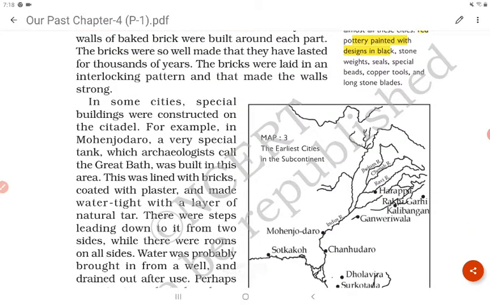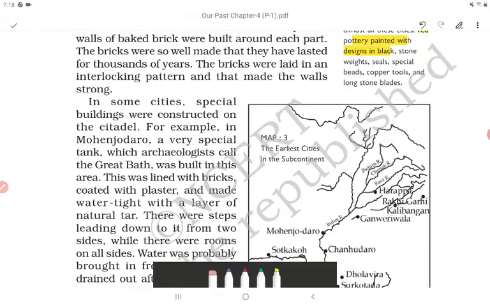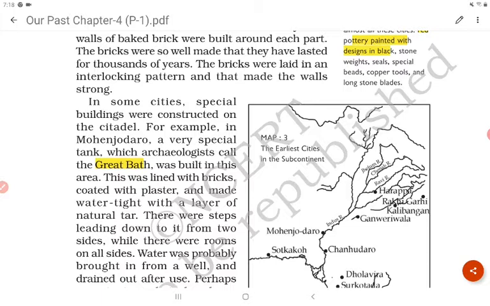In some cities, special buildings were constructed on the citadel. For example, in Mohenjo-daro, a very special tank, which archaeologists call the Great Bath, was built in this area. This was lined with bricks, coated with plaster and made watertight with a layer of natural tar.